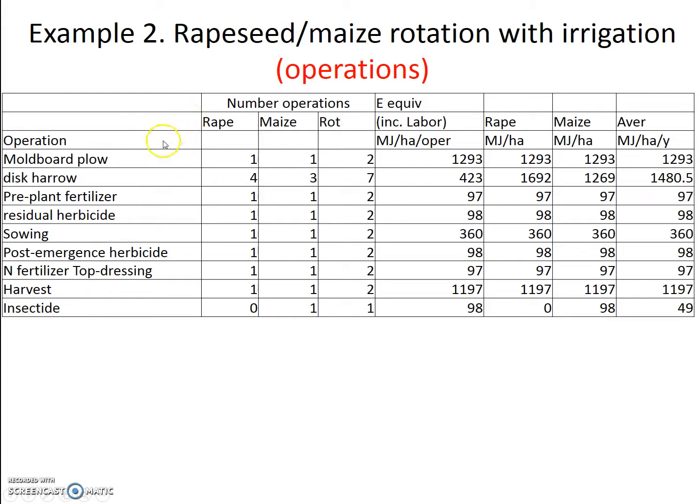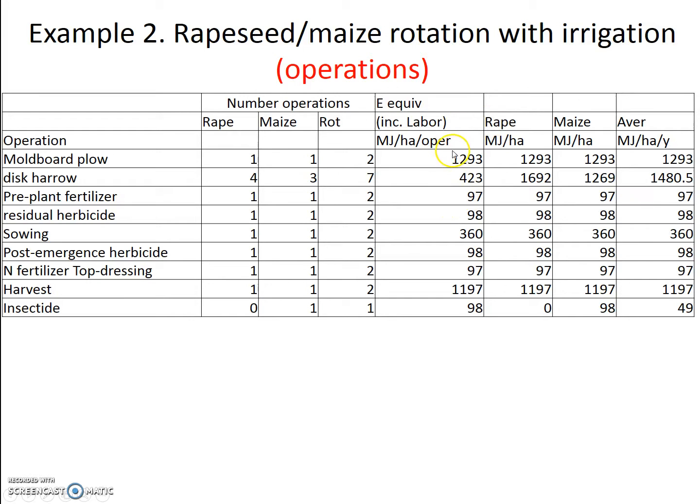For instance, for the rapeseed crop, we would apply the following operations: moldboard plow, 1 operation; disc harrow and cultivators, 4 operations; pre-plant fertilizer, 1 operation; applying a residual herbicide, 1; sowing, 1; applying post-emergent herbicide, 1 operation; an application of nitrogen as top dressing; and 1 operation of harvest. For maize it would be almost the same, with the difference of fewer cultivator operations and 1 application of insecticides.